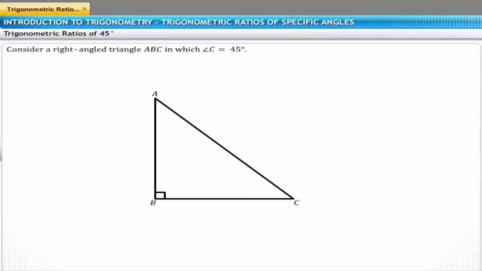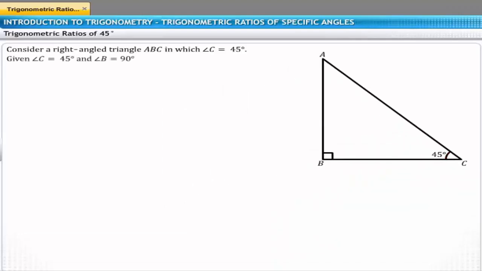Consider a right-angled triangle ABC, in which angle C is equal to 45 degrees. Now, this has some interesting effects on triangle ABC.